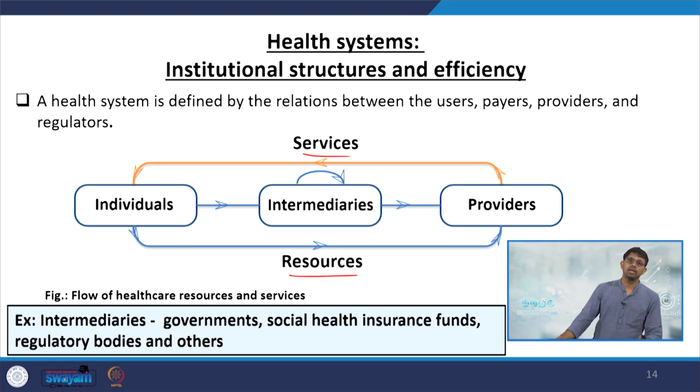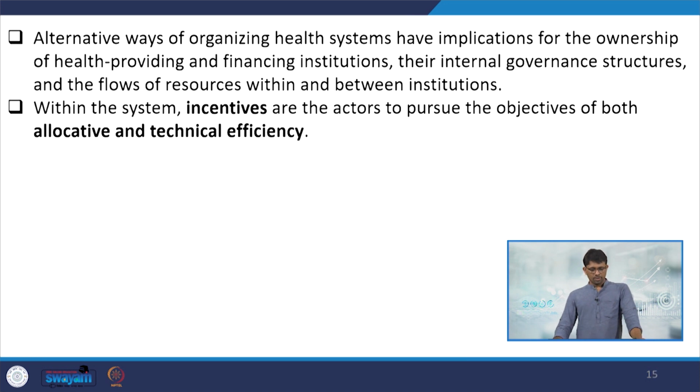Those intermediaries may be the regulatory government, social health insurance funds, regulatory bodies and others. There are alternative ways of organizing health systems that have implications for the ownership of health providing and financing institutions. They are internal governance structures and the flows of resources within and between institutions.